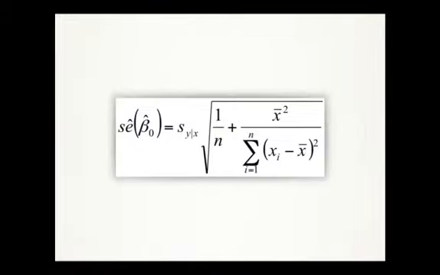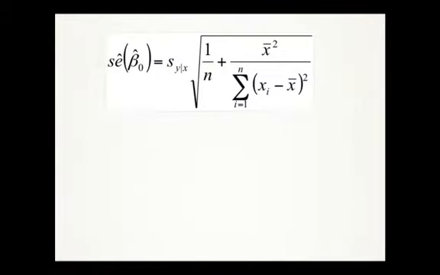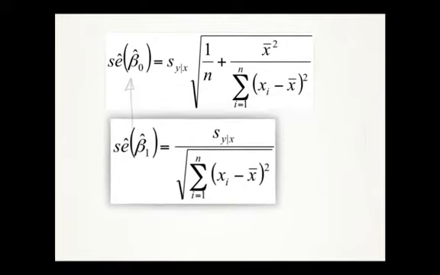Okay, so here's the standard error of beta 0. Remember, this is the intercept, the y-intercept. The equation looks like this, and then the corresponding equation for beta 1 is here.